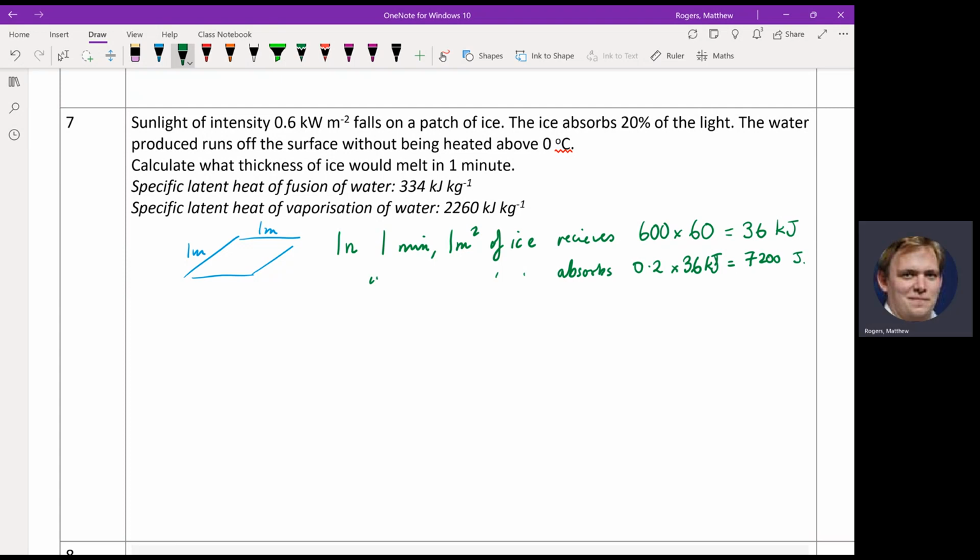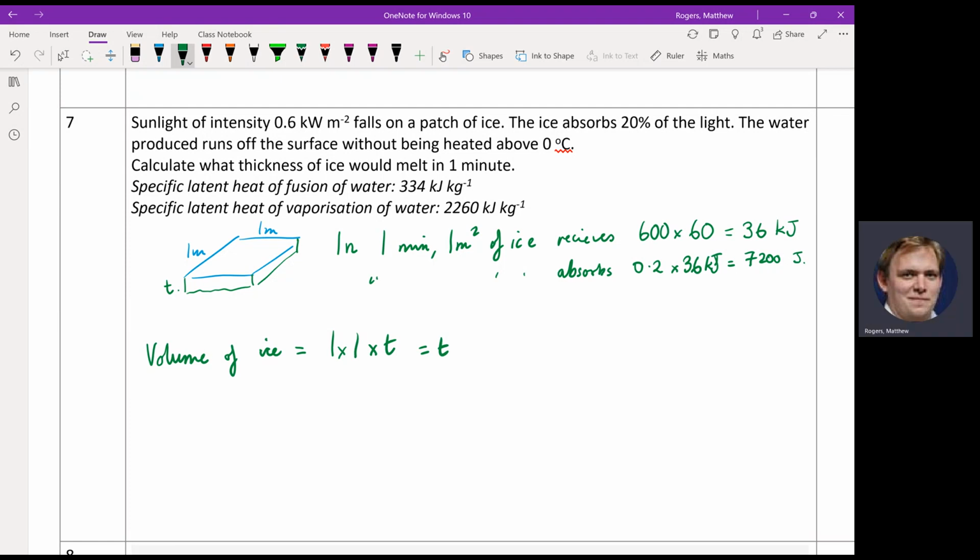So if we're thinking about how much melts, then we need a volume of ice, don't we? In our meter cubed, if we add a thickness to it and call this thickness T, then the volume of the ice melted will be equal to 1 by 1 by T meters cubed. So it's going to have a volume effectively equal to its thickness in meters.